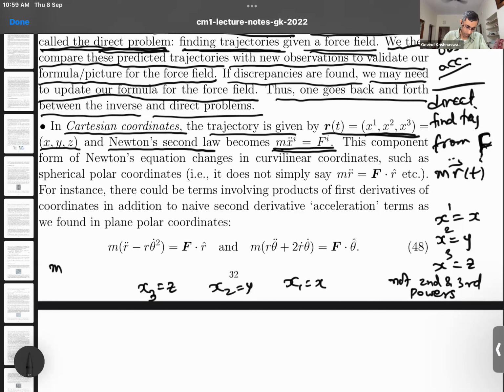So m x^i double dot is equal to F^i, the ith component of the force. And i runs from 1 to 3, which correspond to x, y, and z Cartesian coordinates. Any question about my writing it in this fashion?